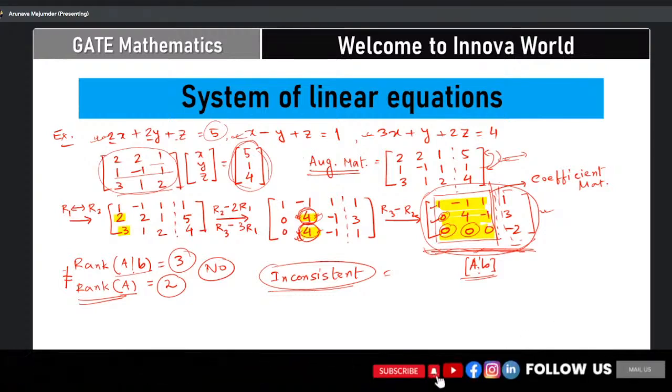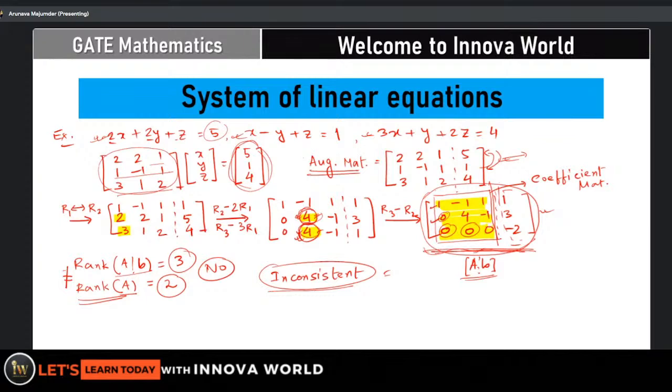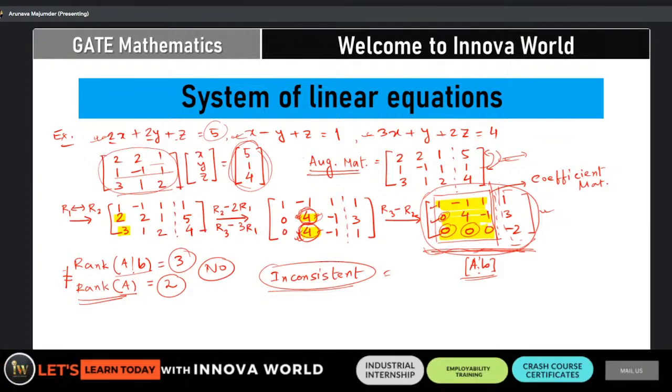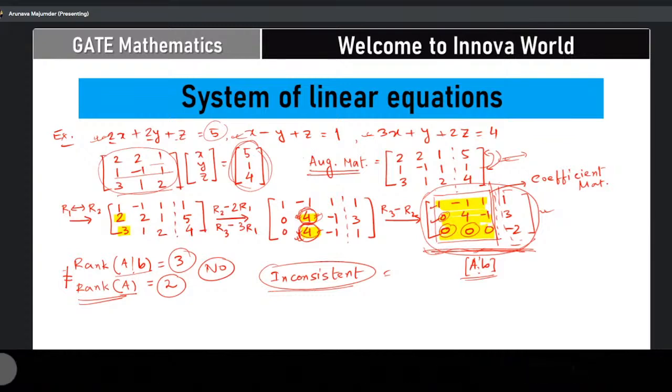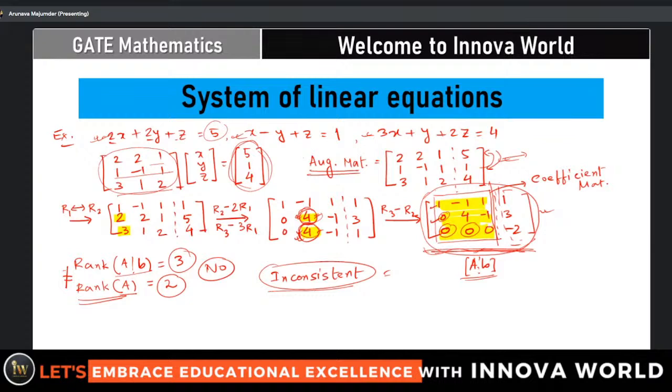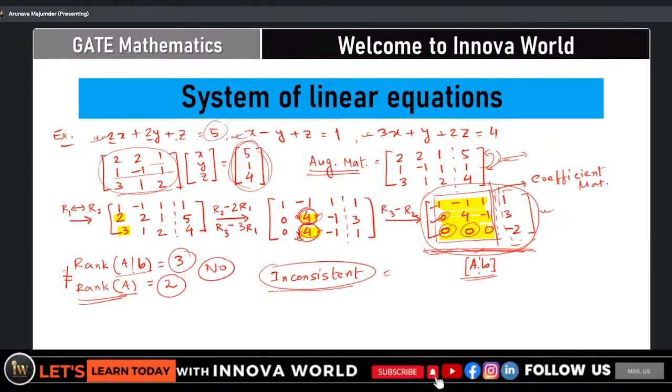I think now it is clear for everybody. So there are three cases. This example gives us a system of linear equations which is inconsistent, which is having no solution.